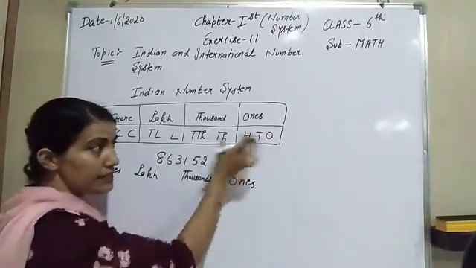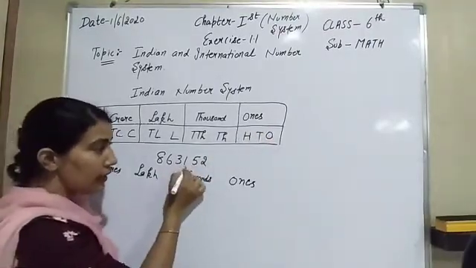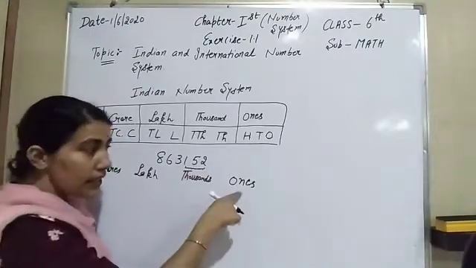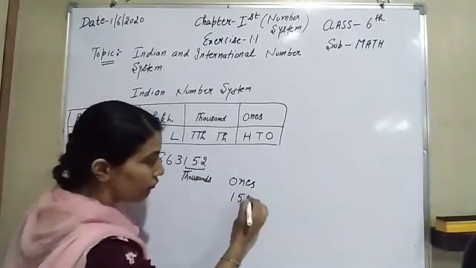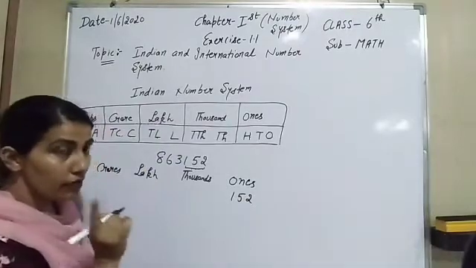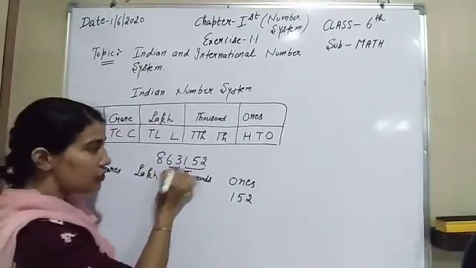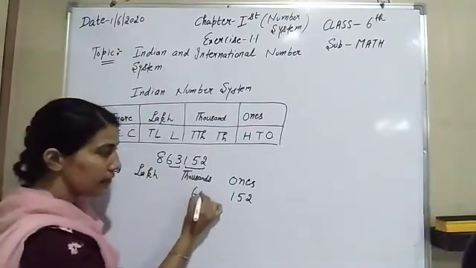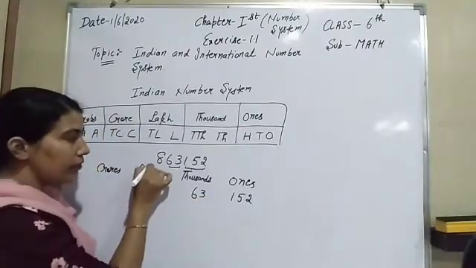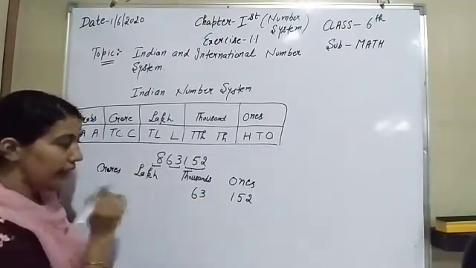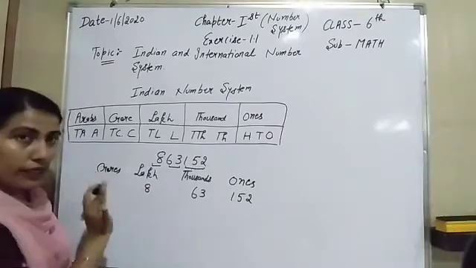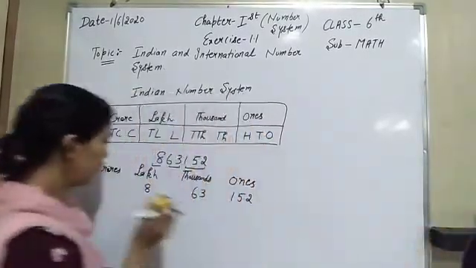So write 152 here. After that, the next two digits, 63, go in the thousand place. After that, we have only 8. There is no need of crore, so you have to rub this one.